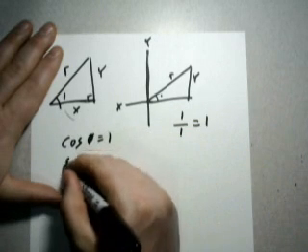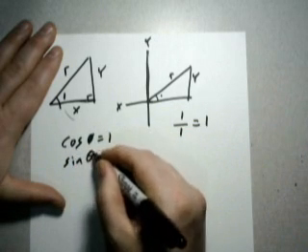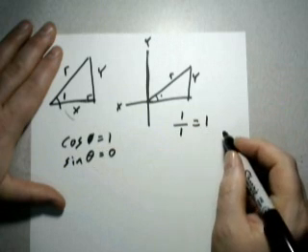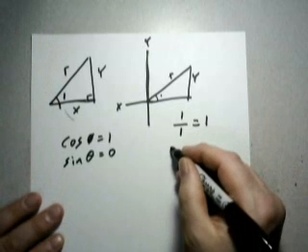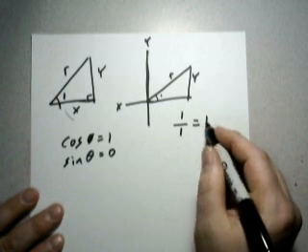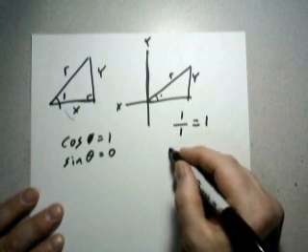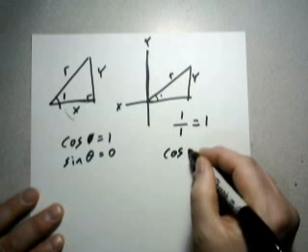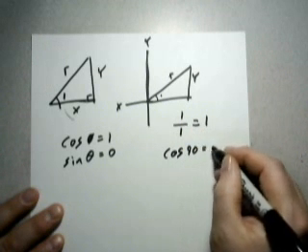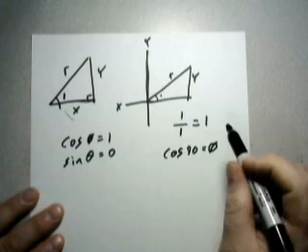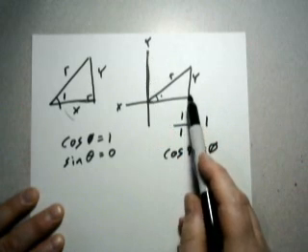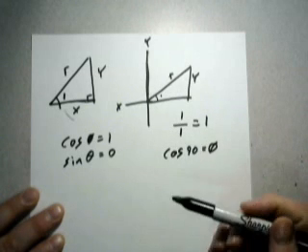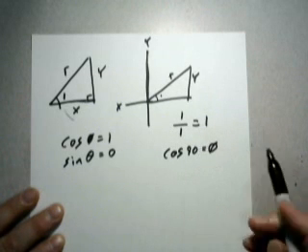The sine of 0 is equal to 0. And the cosine, to just kind of finish that thought, this was the sine of 90 degrees. The cosine of 90 degrees is equal to 0, because at the point when it's up here, the adjacent side is gone.